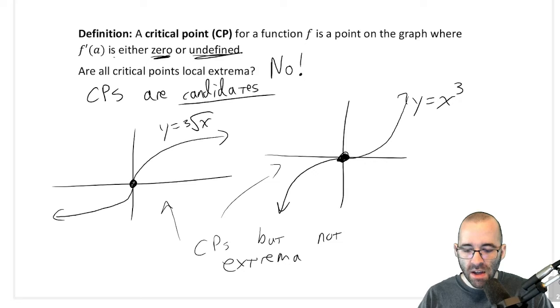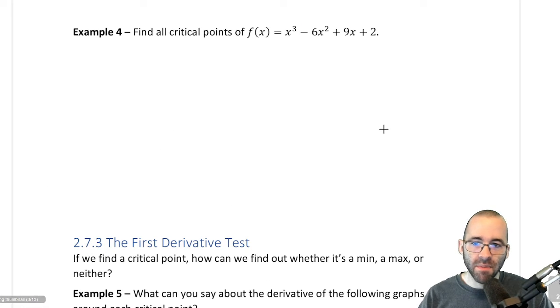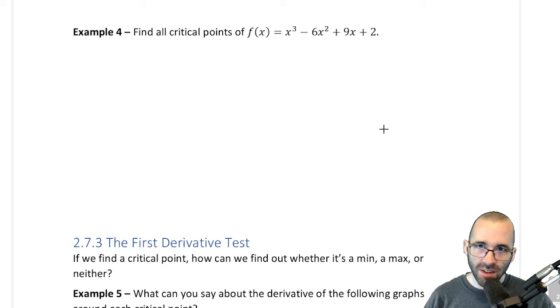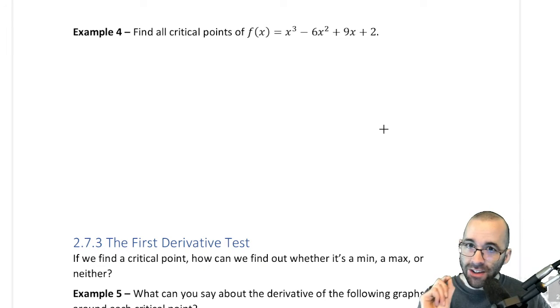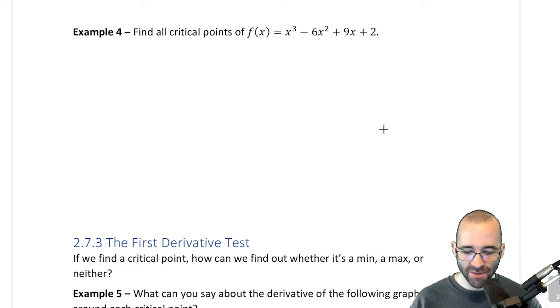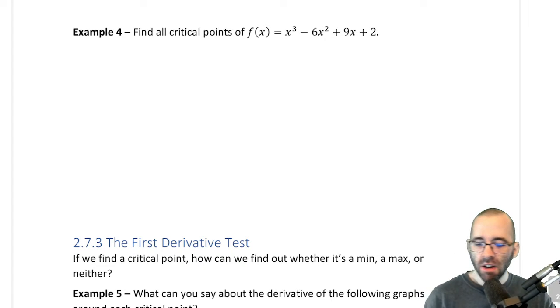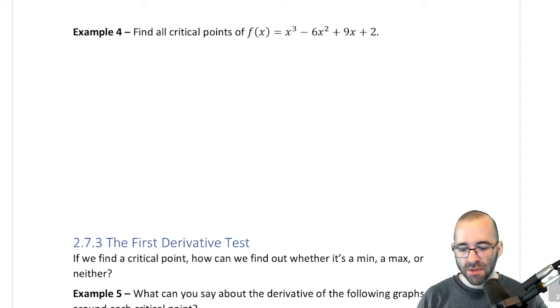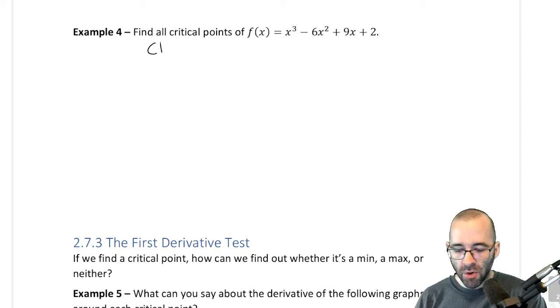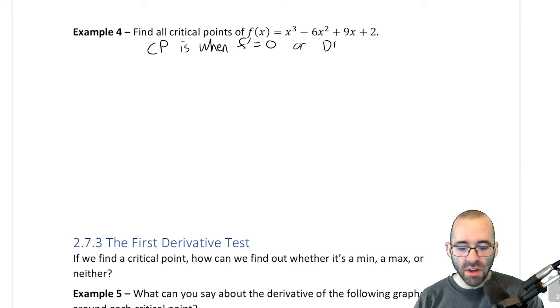So let's get some practice finding them. And then we'll talk about how to tell. In the next video, we'll talk about how to tell if they are extrema without using a graph. So find all the critical points of this function. Well, remember the critical point is when the derivative equals 0 or doesn't exist.